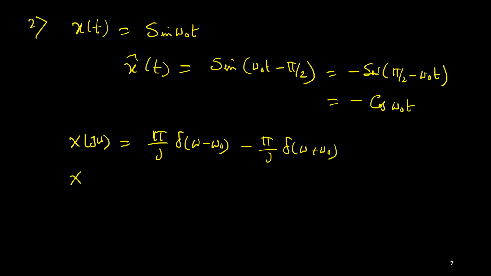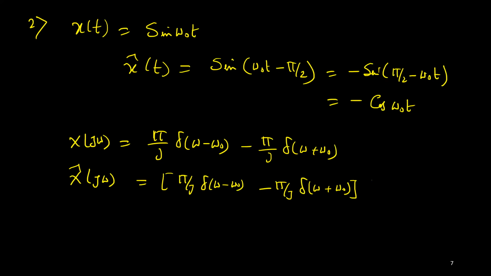When you compute this x cap of j omega, you need to multiply pi by j delta omega minus omega naught minus pi by j delta omega plus omega naught with minus j signum of omega.